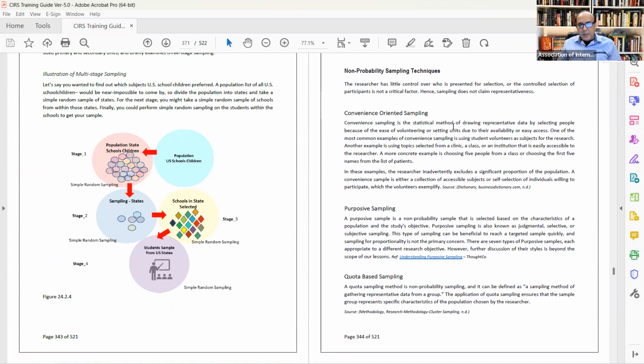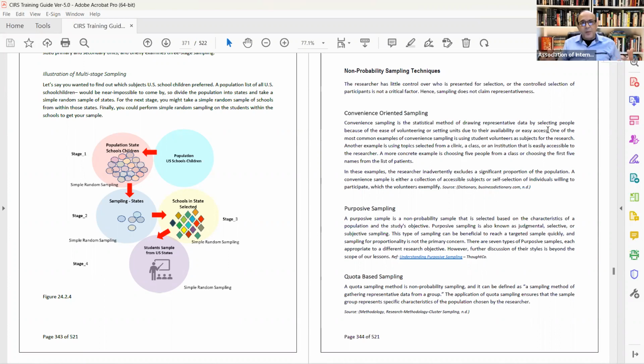Convenience sampling is a statistical method of drawing representative data by selecting people because of the ease of volunteering, or selecting units due to their availability or easy access. Now, in a class, for example, you have 50 students, and you could just select 10 students out of the class of 50.